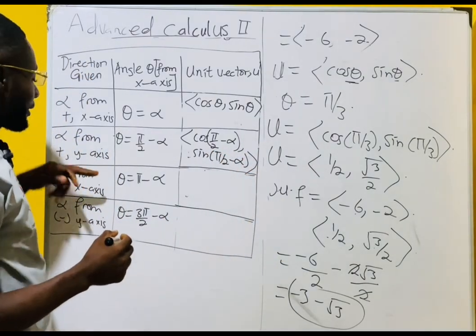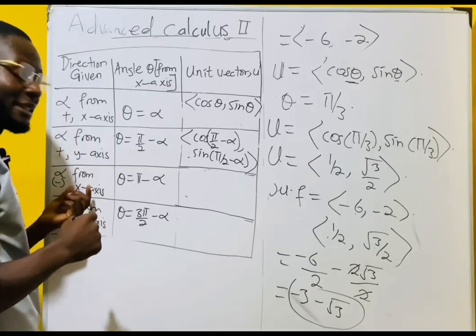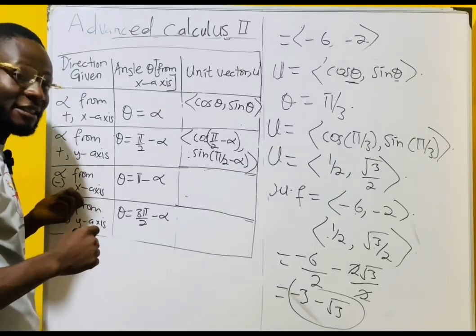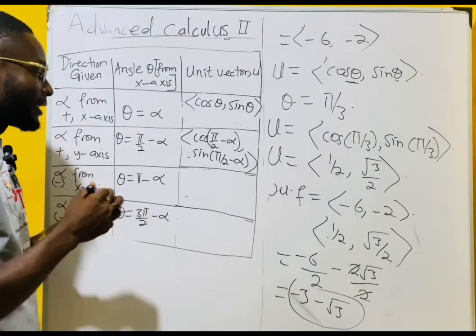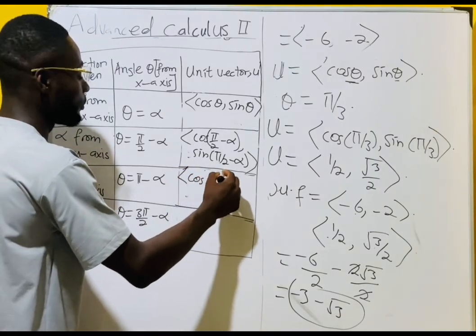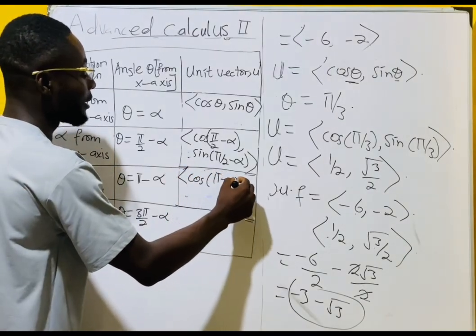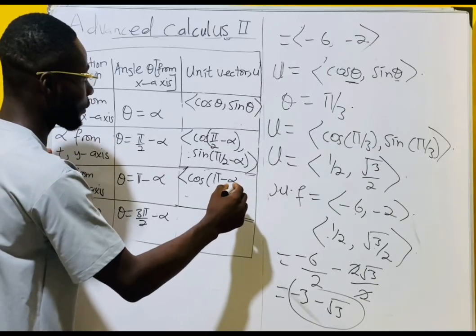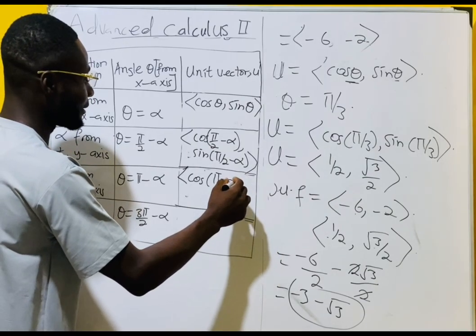Then if the measurement is from the negative x-axis, your unit vector will be cos of (pi minus alpha), sine of (pi minus alpha).